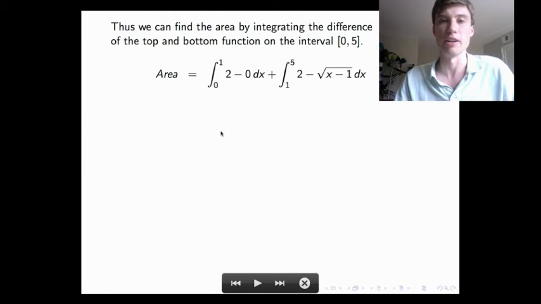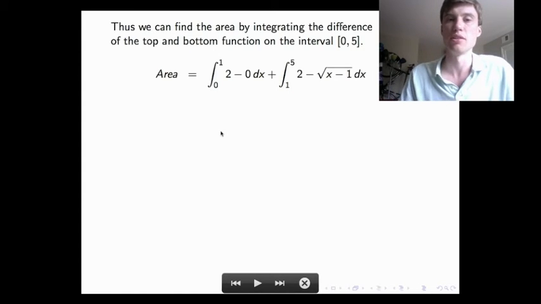We have an integral from 0 to 1 of the top function 2 minus the bottom function on that interval, which was 0. Then we have a second integral. The top function on the interval from 1 to 5 was defined by 2, and the bottom function was defined by the square root of x minus 1. These two integrals give us the area of the region.